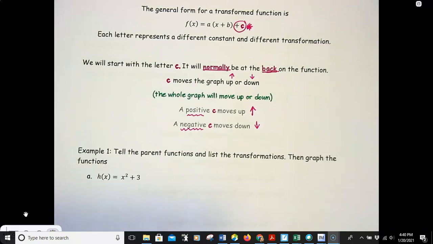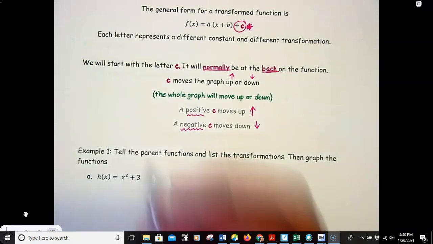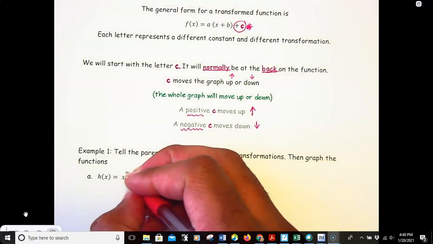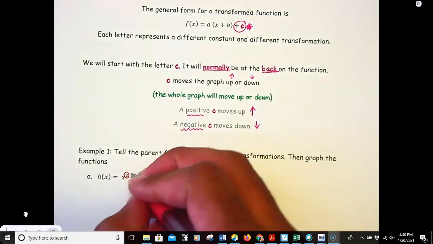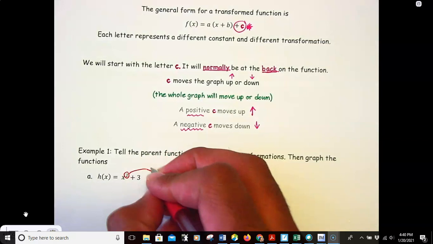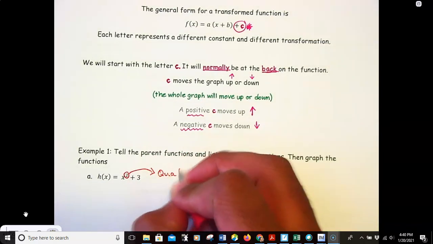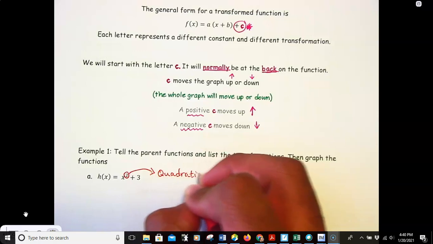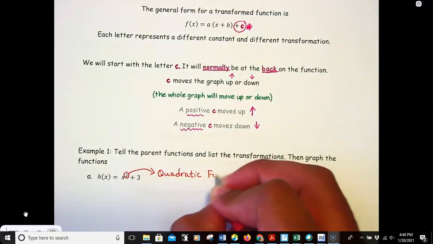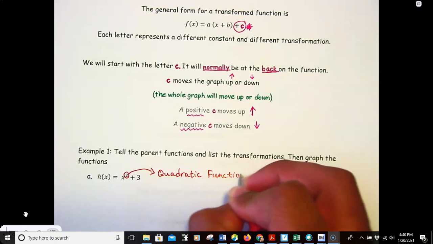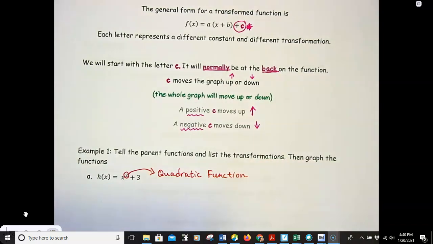From the parent graphs that you wrote down, all those parent graphs that are important for this class, we know that x squared means quadratic.